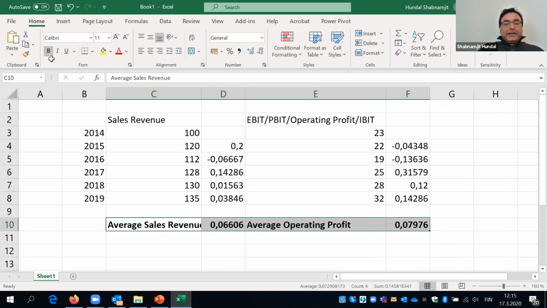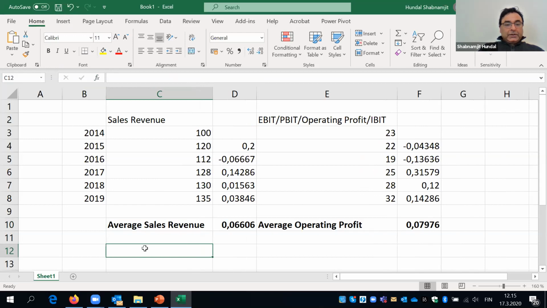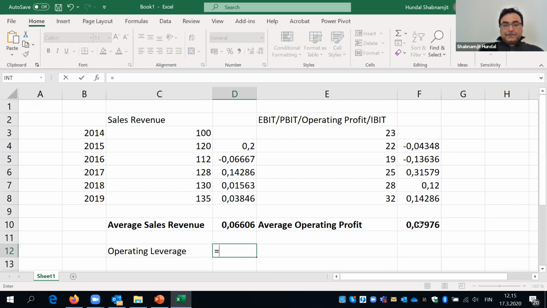I would save this file and share with you in Optima. And then we calculate the operating leverage, which is equal to this divided by this.